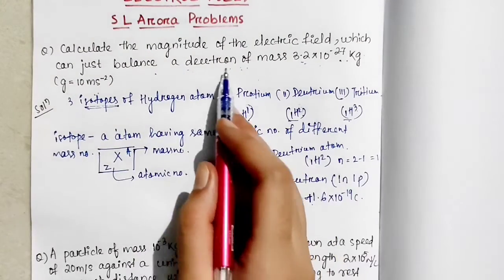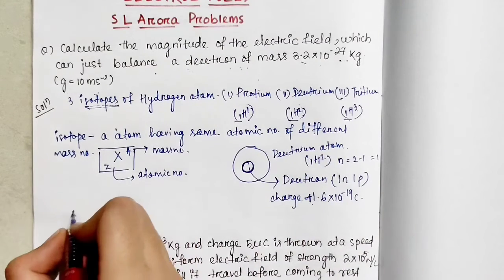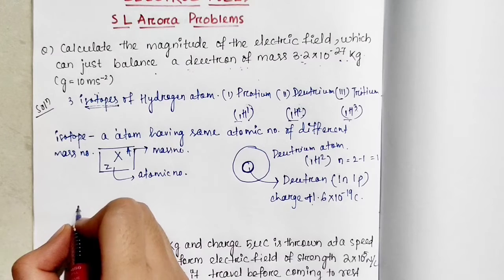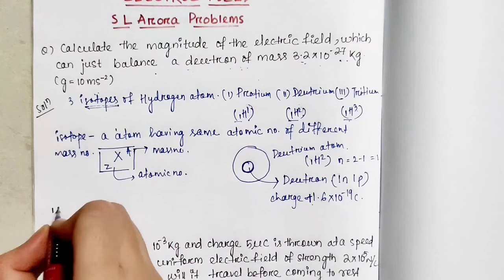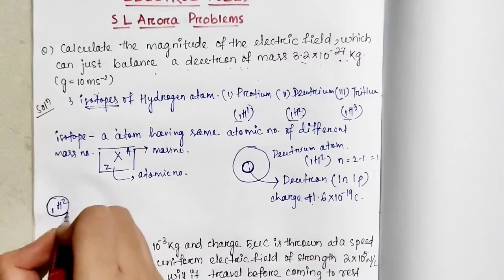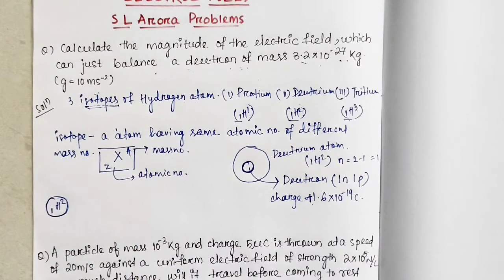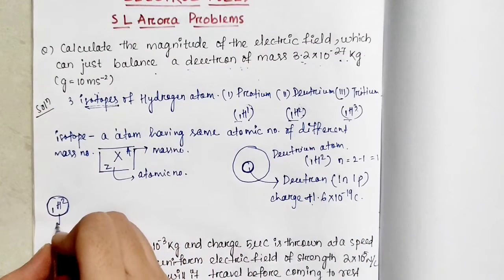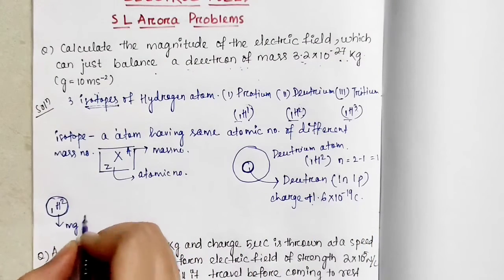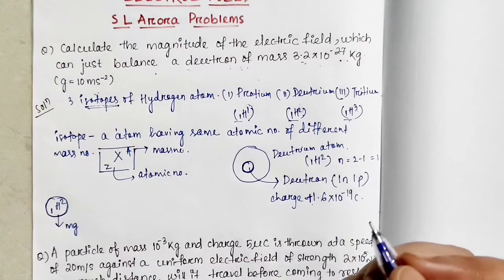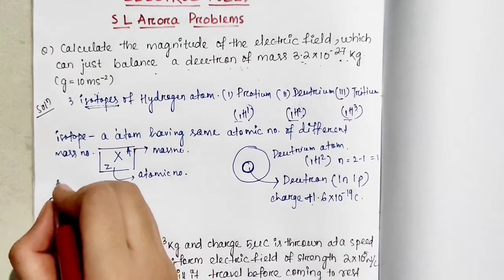Now come back to our question. Consider a deuteron situated in space. The gravitational force is acting downward, that is mg, and the electrostatic force is acting upward.